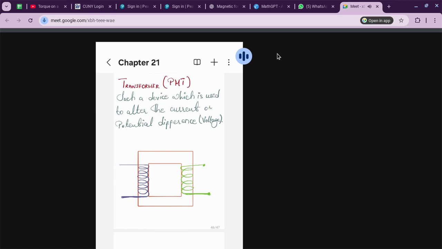It is that huge a voltage they provide. But after that, the PMT alters the current and the voltage for our desired output, because we need only 110 volts, or 220 volts. So the 11,000 volts converts into 220 volts.